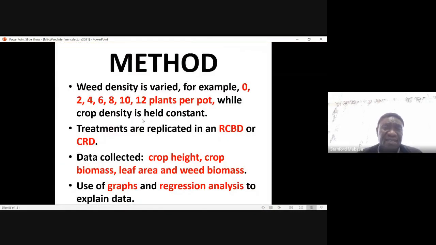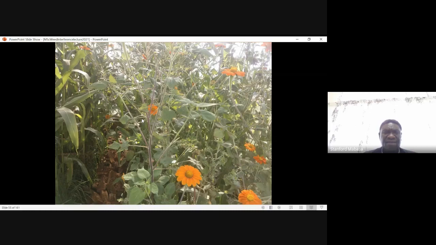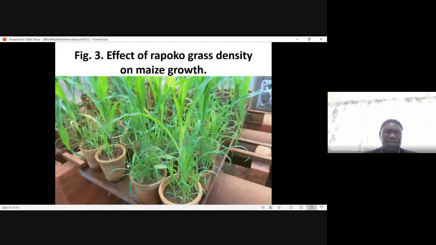So the method: what you simply do is to vary weed density. And you can do this using pots. You put different numbers of weeds in the pots.